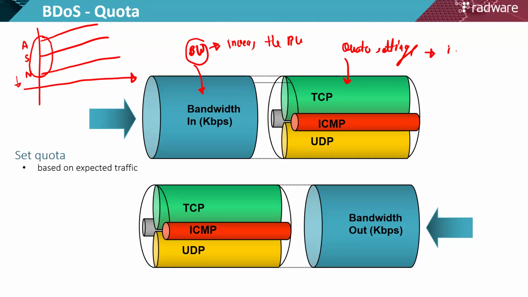Now, quota settings. Let's suppose we increase the quota. If we increase the quota values, the graphs remain as they are, but what we are doing is increasing the separation. Let's suppose this was the initial difference between the two. Now we increase the separation, so it will look something like this. The gap between the three lines increases.